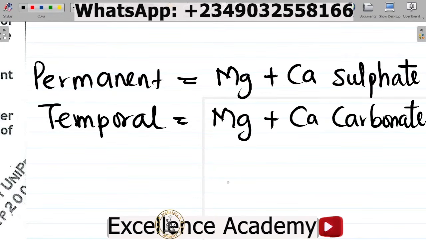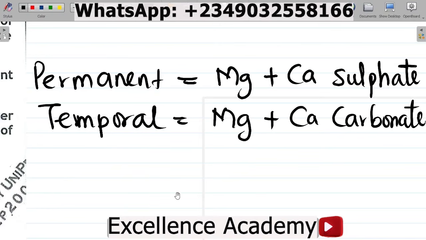So from this, we can see that temporary hardness of water is caused by magnesium and calcium hydrogen carbonate, and it is formed when rainwater containing dissolved carbon dioxide flows over it.